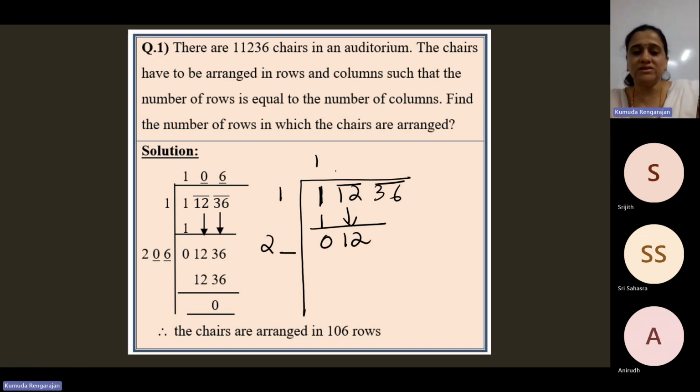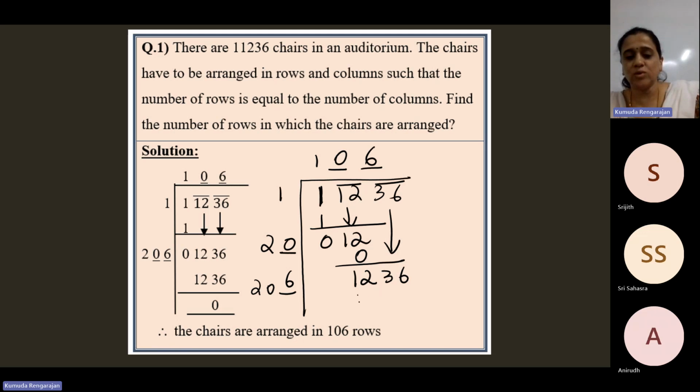We have to place a digit here and place the same digit here, right? So it is 0. 20 into 0, Avnish, is 0. And 12 is the remainder. And then the next pair, 3, 6 comes down, double the quotient, 20, whatever digit here, same digit here. So 6, 206 into 6 is 1, 2, 3, 6, and the remainder is 0.